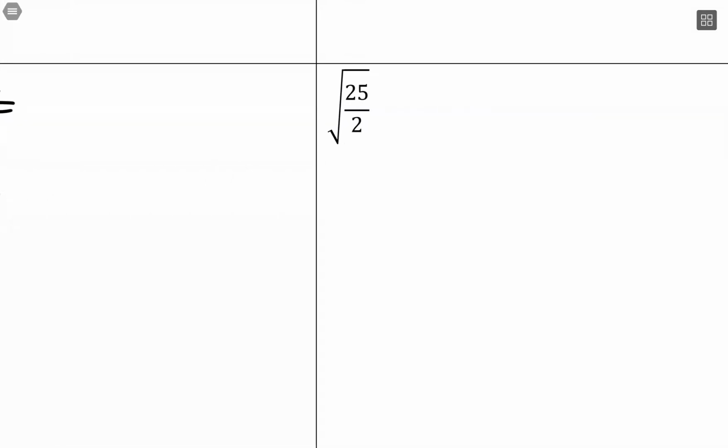Okay, with this square root of 25 over square root of 2, what we're going to do is break up our radicals. So we'll have the square root of the numerator over square root of the denominator. And what we can go ahead and do is simplify that numerator. So square root of 25 is 5 over square root of 2.